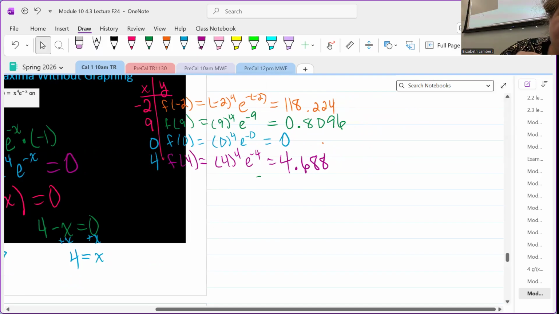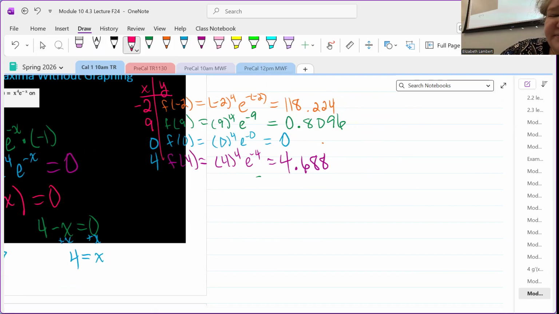All right, so what is the biggest this graph gets on the interval? Yep, the 118. So there's our absolute max. And then our absolute min, our lowest value, is at 0.